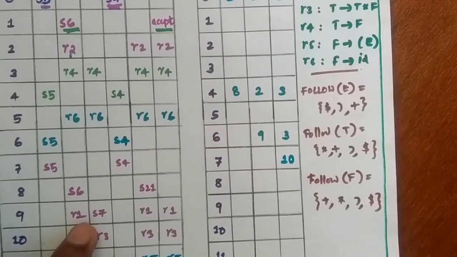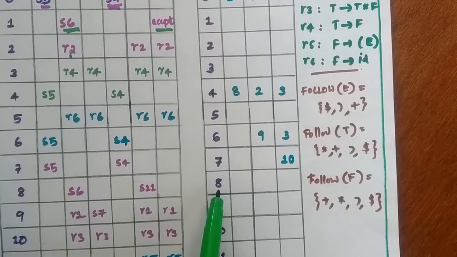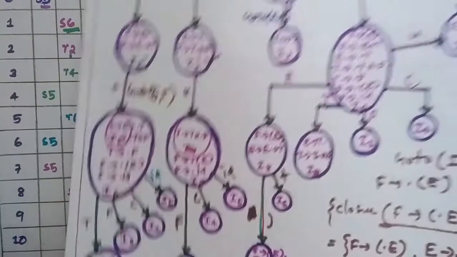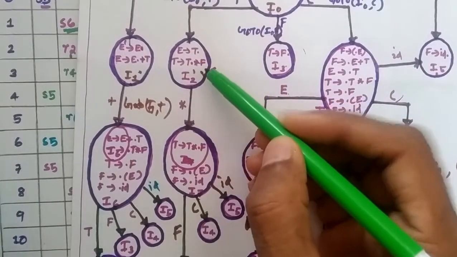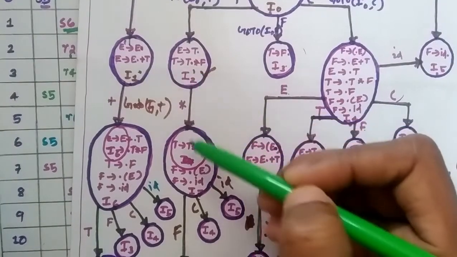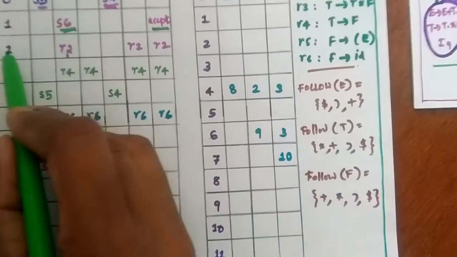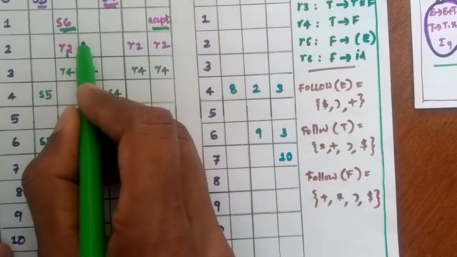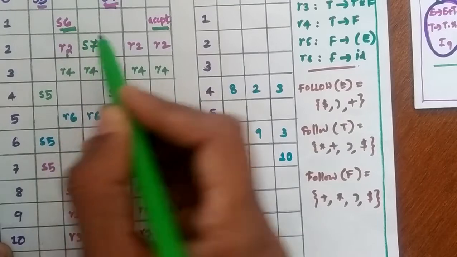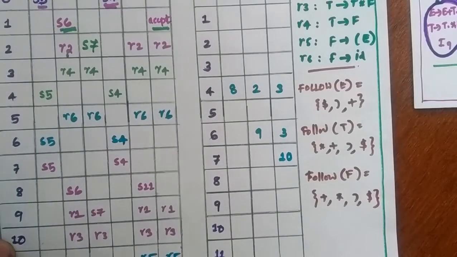Then we check where the transition is when star occurs from state I2. It will move to I7. So in I2, on star, you can put S7, shift 7. Okay, that is the rule. I missed it actually, so it is required.